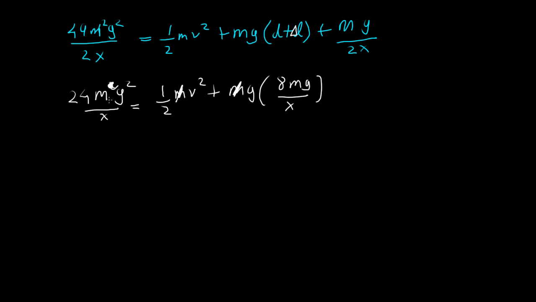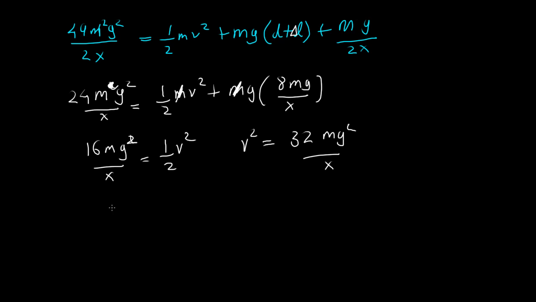If you bring it to the left hand side, you get 16 m g squared over x equal to 1/2 v squared. So this implies that v squared is equal to 32 m g squared over x.